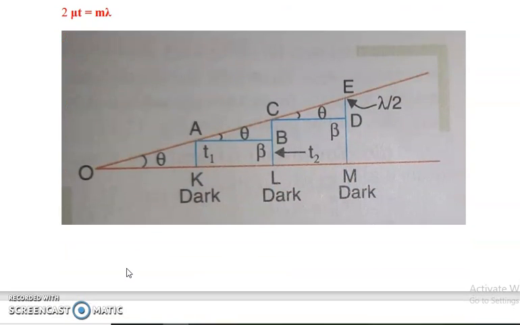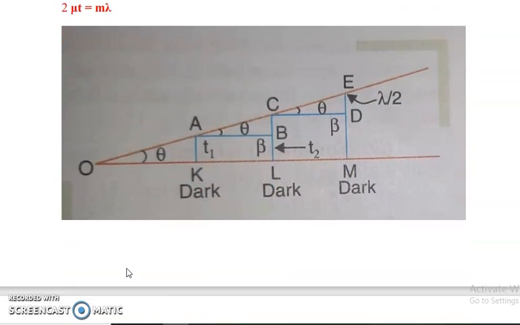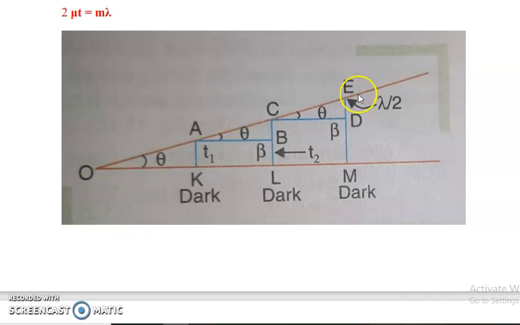Now we can discuss a detailed theory. It is the wedge formed, and theta is the angle of the wedge. If at point K a dark band is obtained, the air film has a particular thickness T1 at K, and let us consider we are obtaining a dark band there.